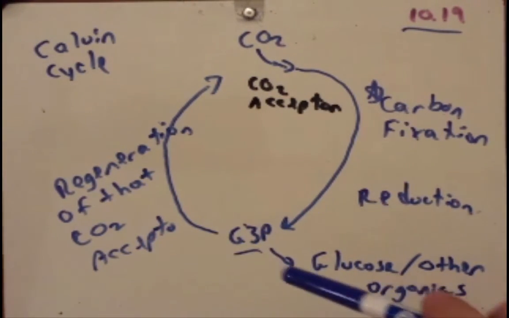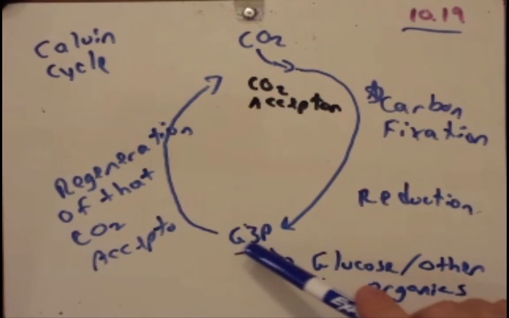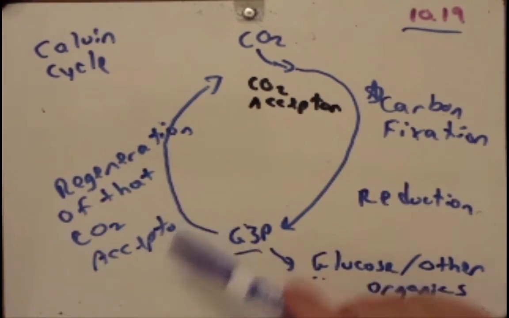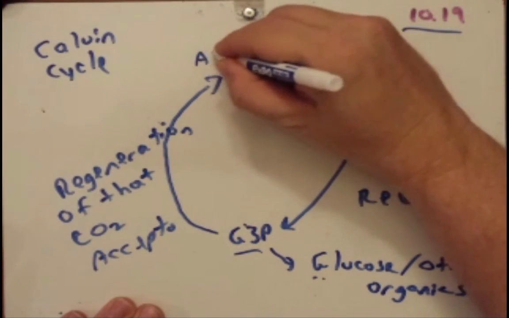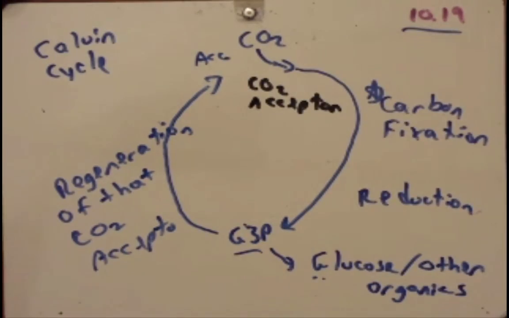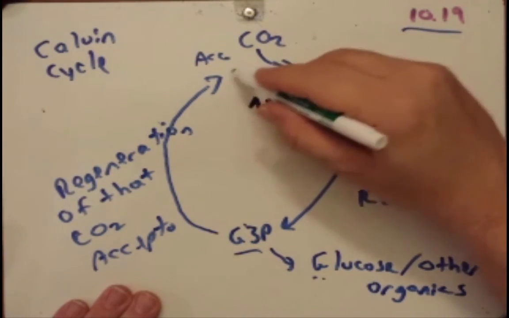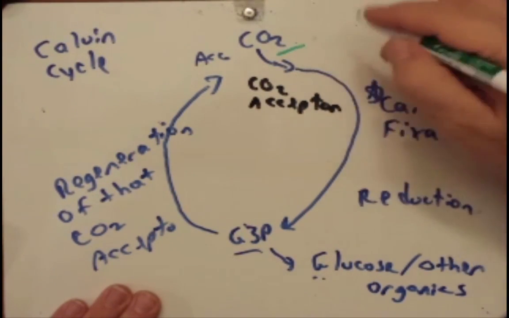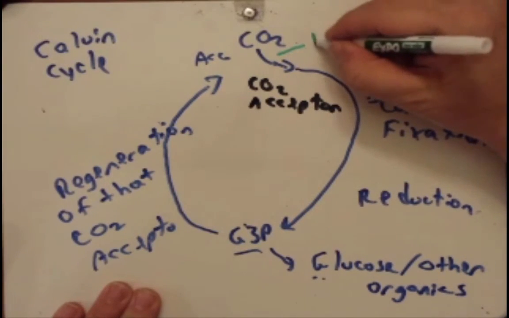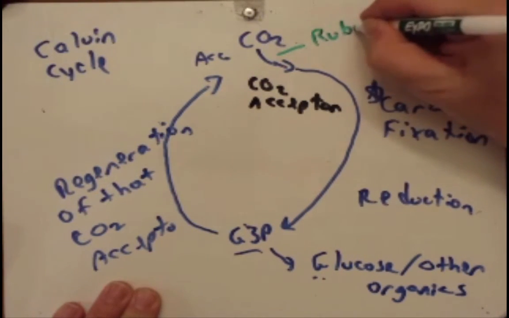So G3P that is involved in regenerating this CO2 acceptor, don't worry about the name of the acceptor, but let's just write it here as an acceptor. Right here. Now, I wanted to save it till now. This step here, where CO2 is bound to this acceptor, is catalyzed by my favorite enzyme called rubisco.